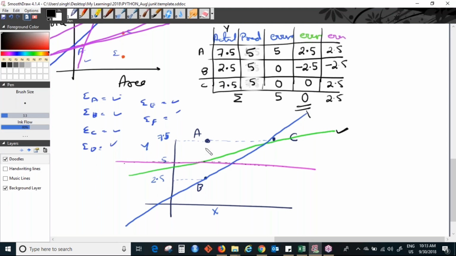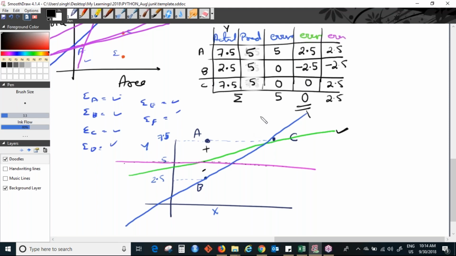Do you think it is making 0 error? No, it is not making 0 error. It came 0 only because one error was positive and one error was negative, and they cancelled each other. The green line is also not making 0 error, though it is making the least error out of these 3 lines, but it is not 0.